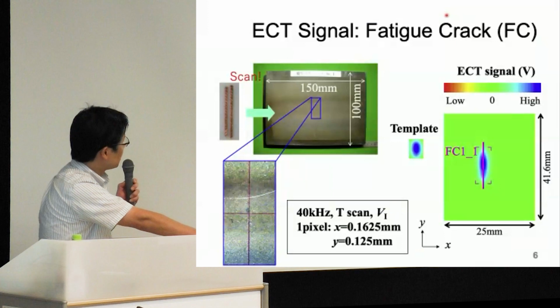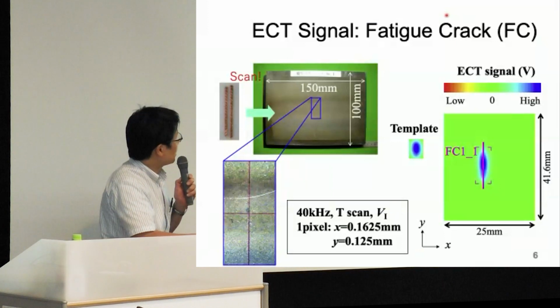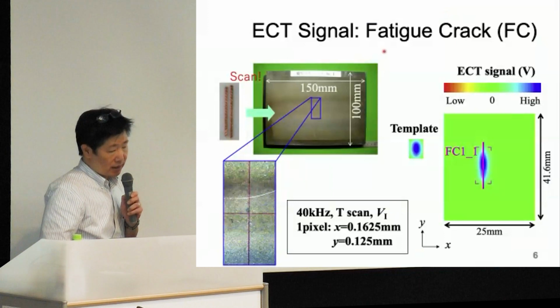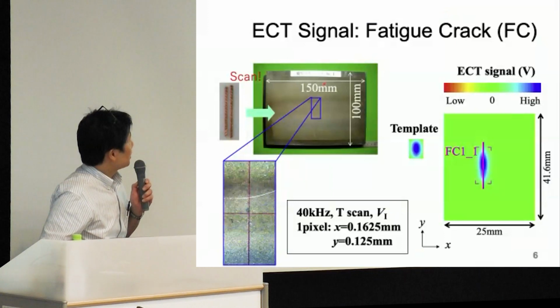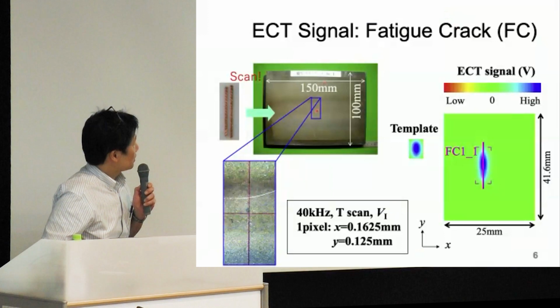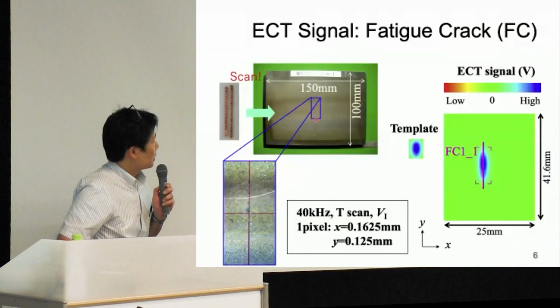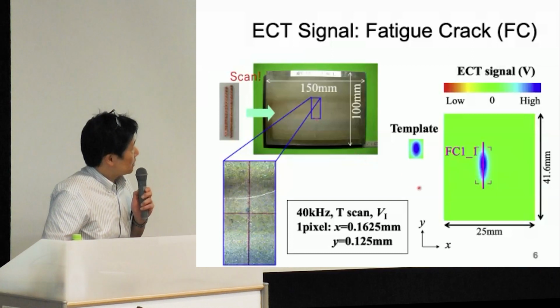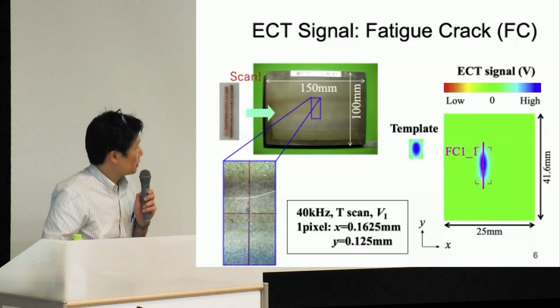And this is an example of application. So this is a target plate, stainless steel, and at the center, fatigue crack is embedded. And this is a two-dimensional eddy current signal.